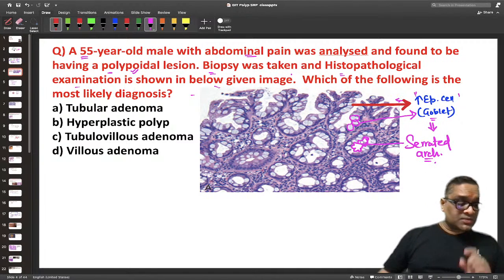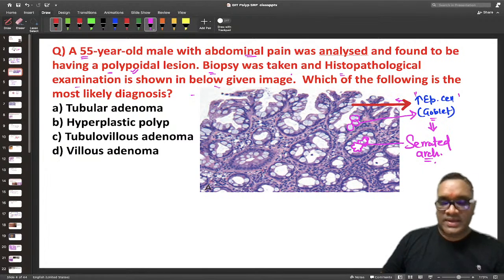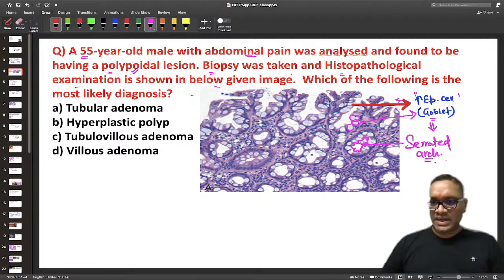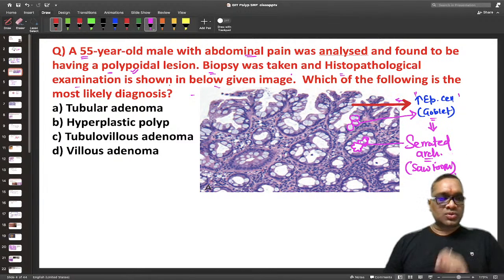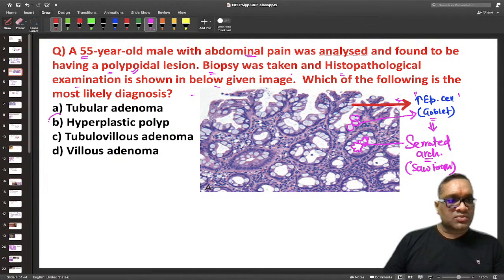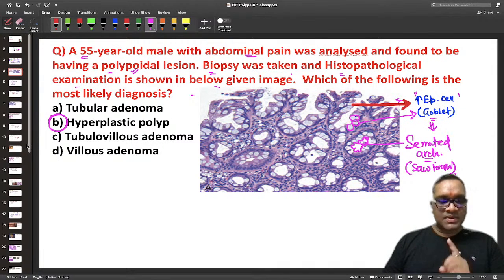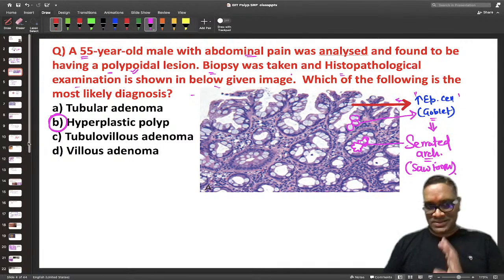So remember, this is very, very important. Whenever you find hyperplastic epithelium with a sawtooth or serrated appearance, this is diagnostic of hyperplastic polyp, right? So please remember, this is the hyperplastic polyp which you have to understand.